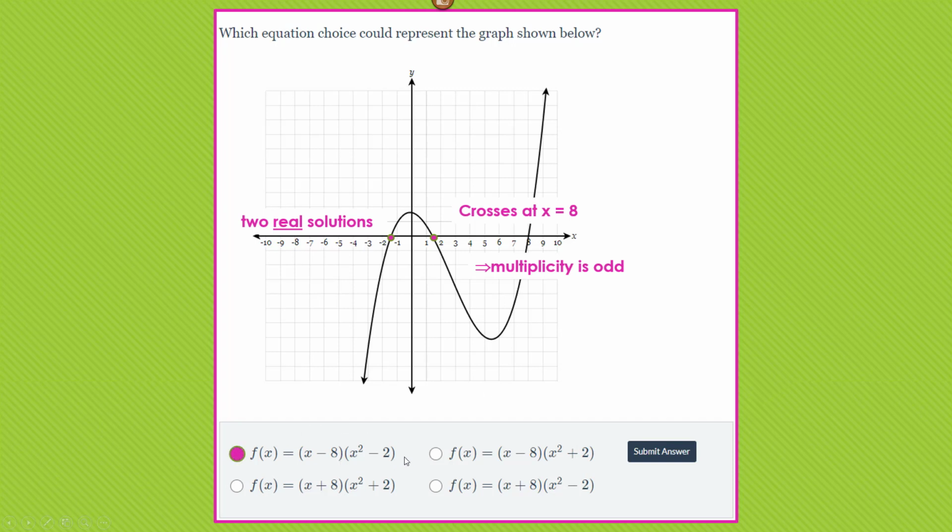If we solve this, we would get x squared equals the square root of 2, and that's going to give me two real solutions. Versus if I solve this one, we get x squared equals -2, and so that's going to lead me to two imaginary solutions. And that's not what we have in this case. So this would be our correct answer.